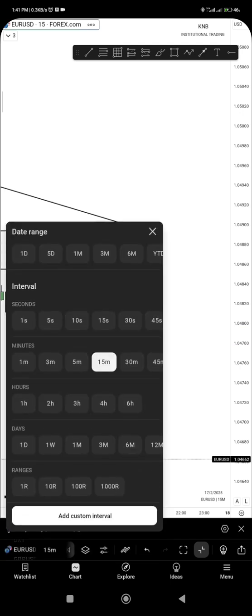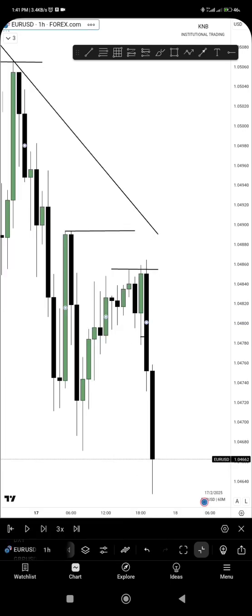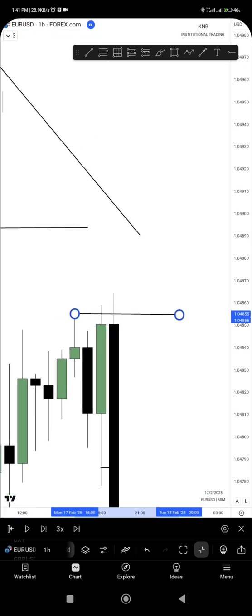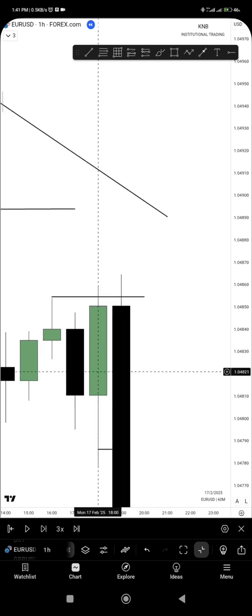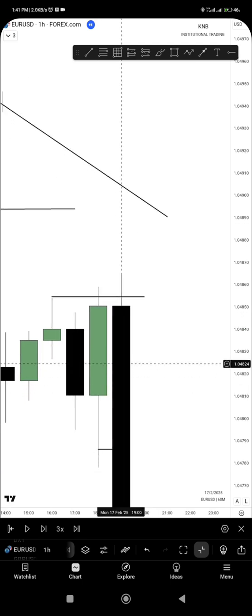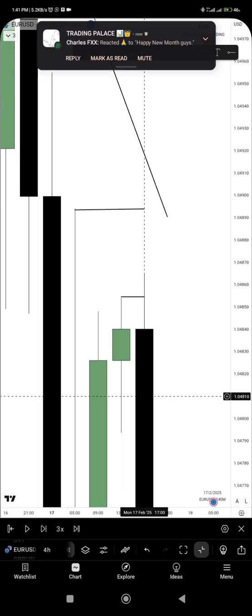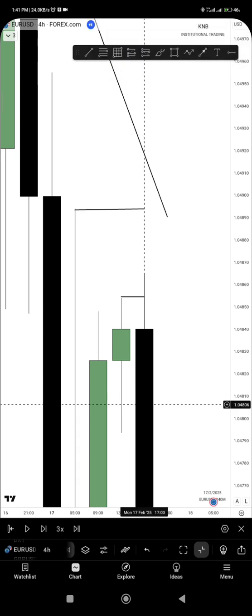The funny thing is that this particular example here is fractal. So let me break it down further. Notice we have an H4 divergence right here. Let me identify. This should be the 17. This is the 5 p.m. candle. Good.